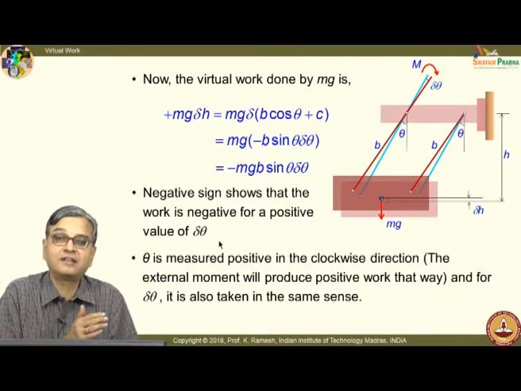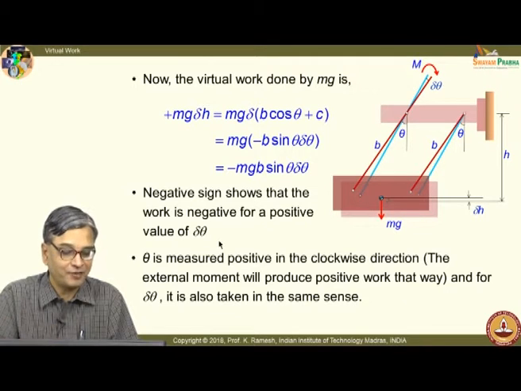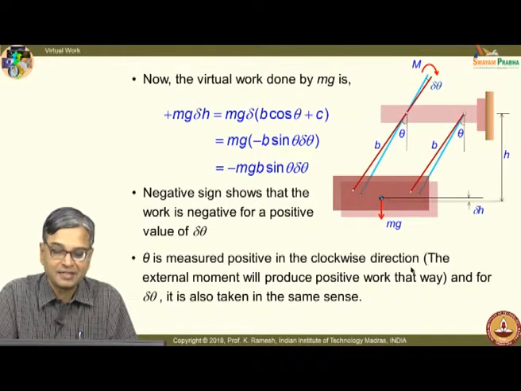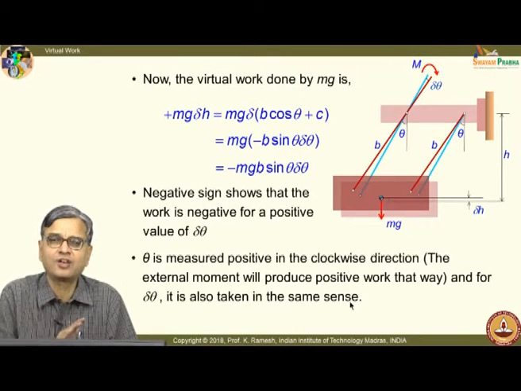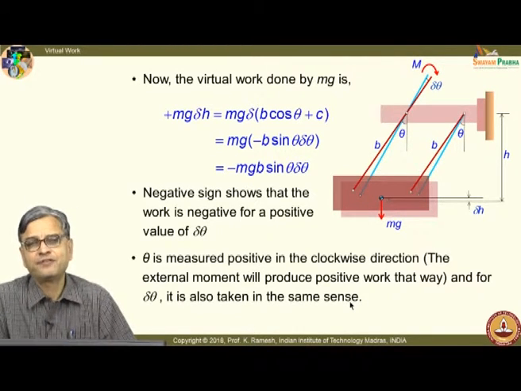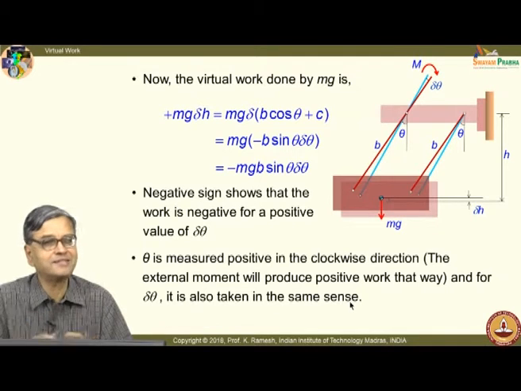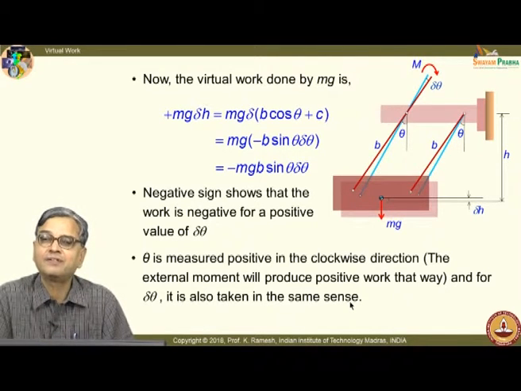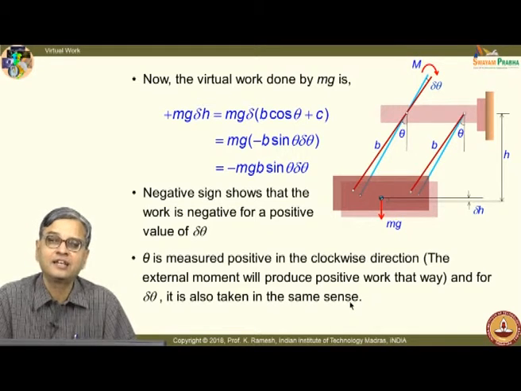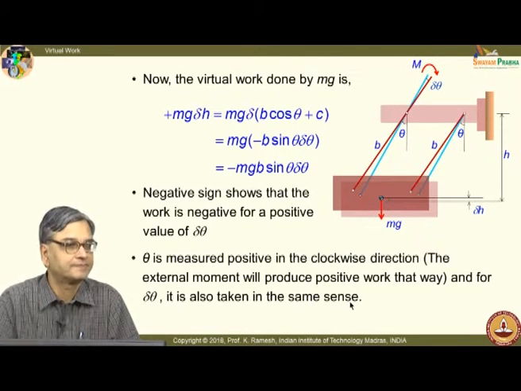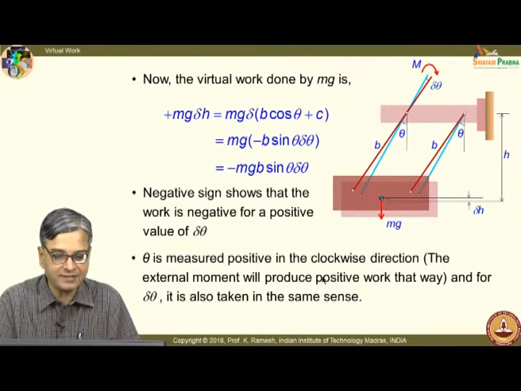And we have always learned that counterclockwise is positive and clockwise is negative. For convenience, you change all that. Theta is measured positive in the clockwise direction, and the explanation given is the external moment will produce positive work that way, and delta theta is also taken in the same sense. So, there are a lot of confusions there. Let us solve the problem like this, and then we will have a detailed discussion on how we should solve the problem. What should be the emphasis?